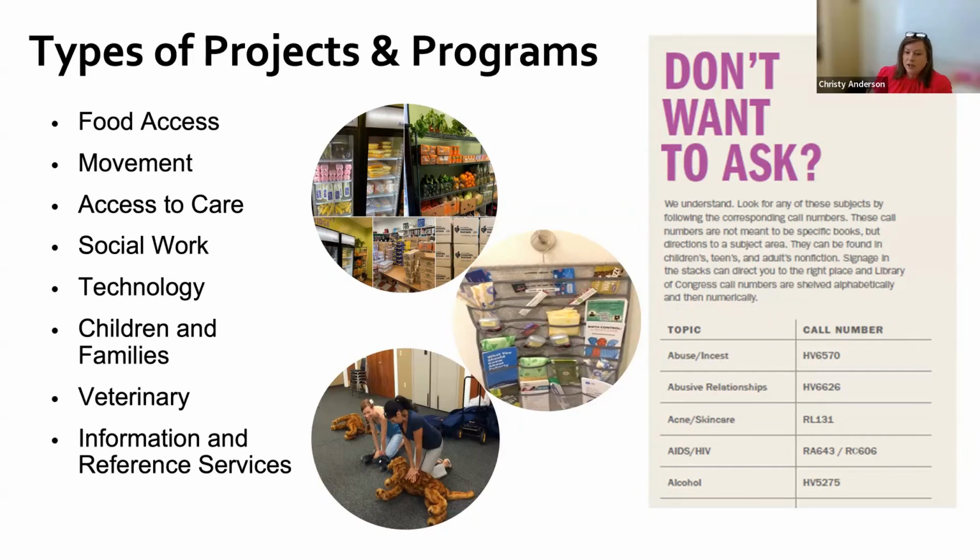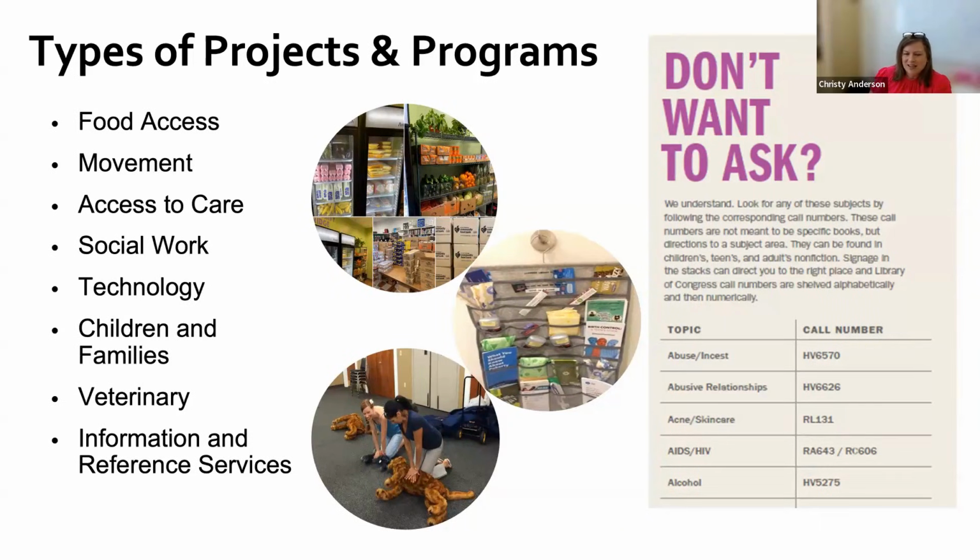Technology could look like telehealth services and digital literacy projects. Children and families, you might want to offer sensory story time, music, movement, dance, you name it. There's so many things that could be done here.